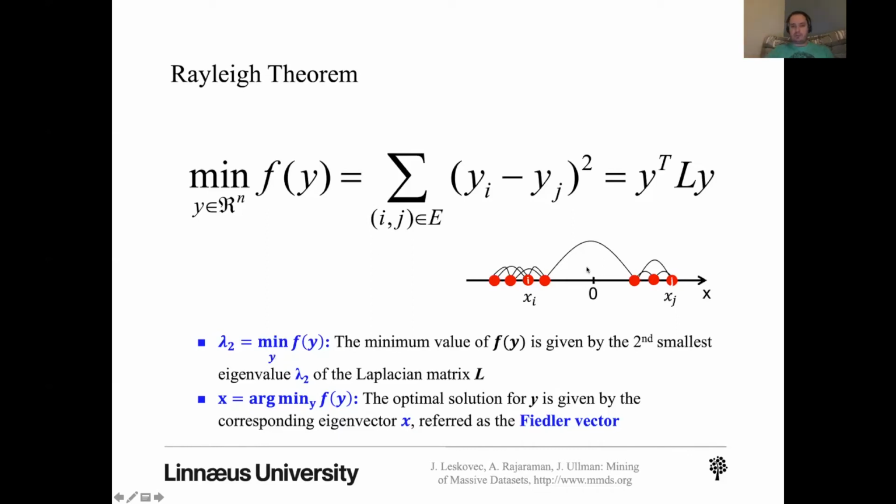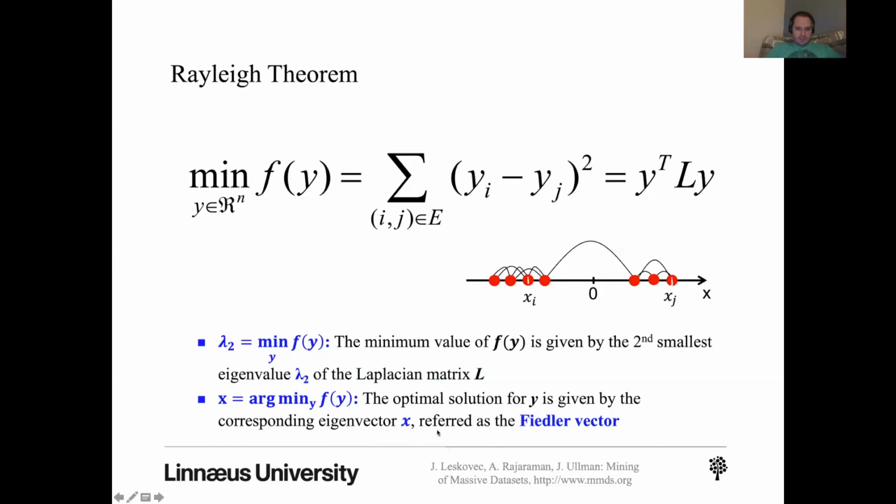That will give you exactly this line where you have to project the points. And then after you do that, you just have to cut this line somewhere, and you have two parts of the graph, and that's it, right?